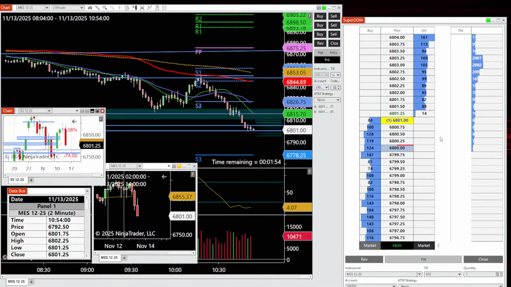What are we doing? Is it going? Is it breaking? Trying to break 6800? That's a rough short to try to take when it could bounce. Get a crazy bounce on you.